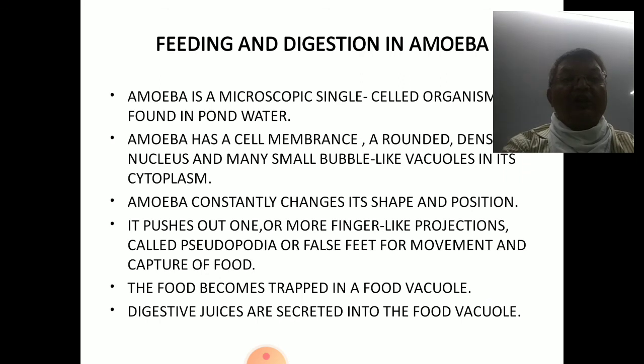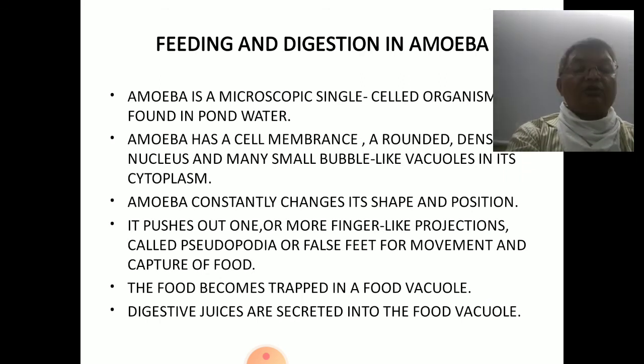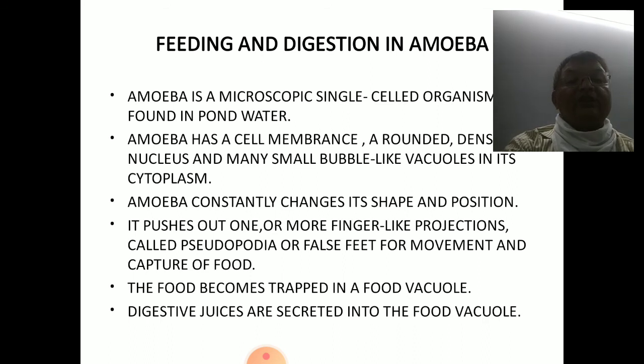With the help of pseudopodia, it goes nearer to the food particles and captures them, that is the ingestion. Then it digests them, and absorption takes place in the cytoplasm, and undigested food is released there only, and that is egestion.